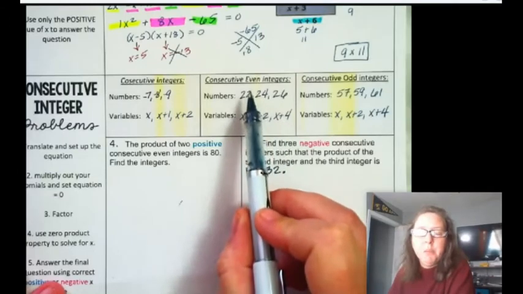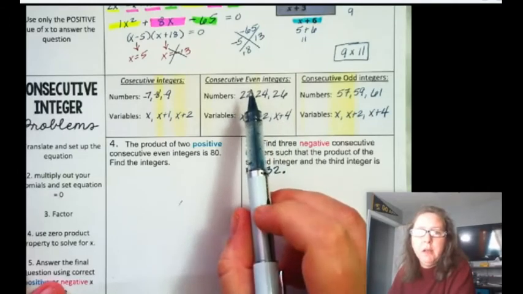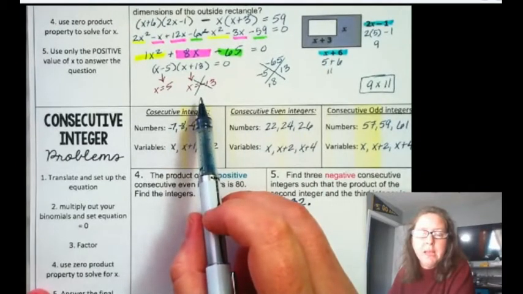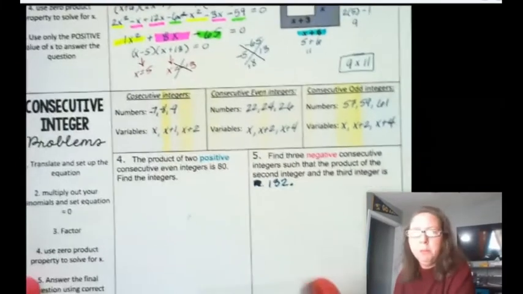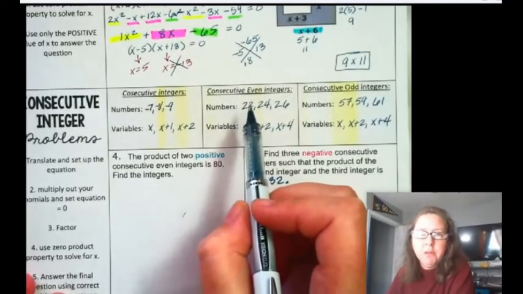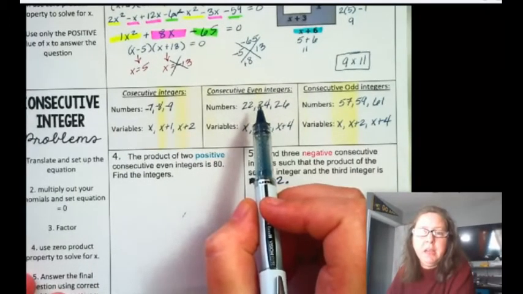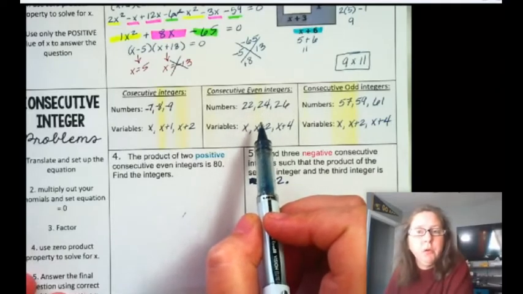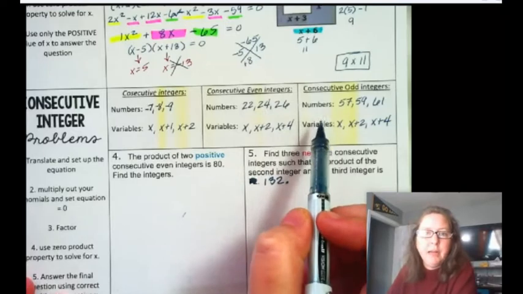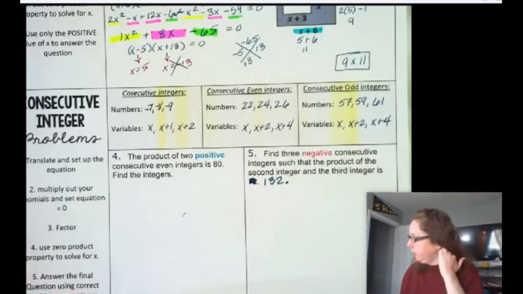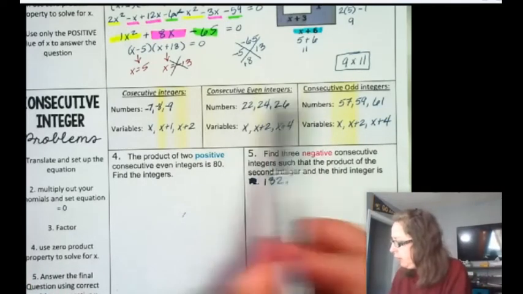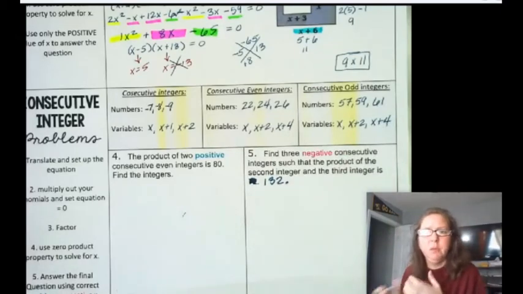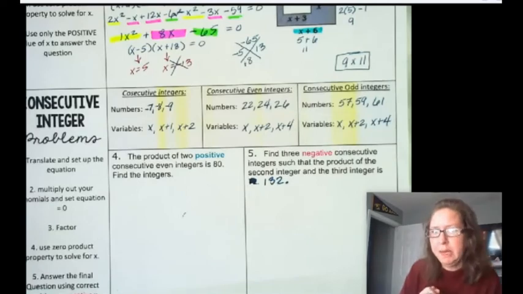The thing that we're going to need to pay attention to is, remember, in the area models, we always threw away the negative value. Well, now sometimes they might want us to find consecutive even integers that are negative, or odd integers that are negative. So we're going to have to pay attention to negative and positive to see which value of x we should keep in the end.